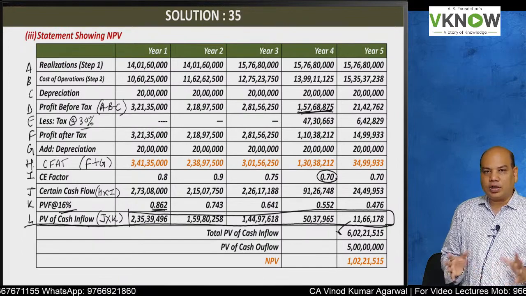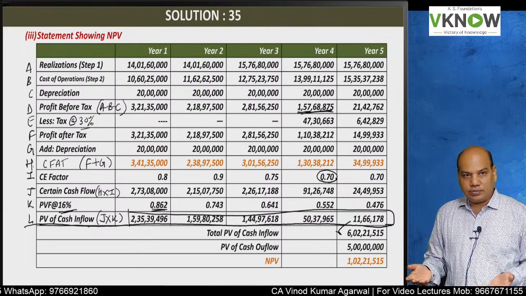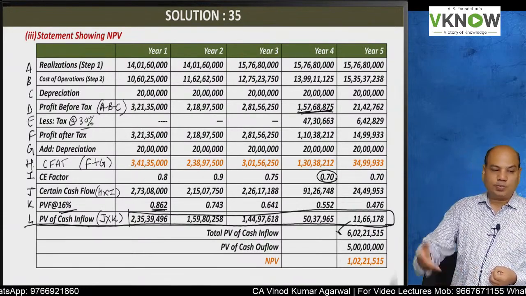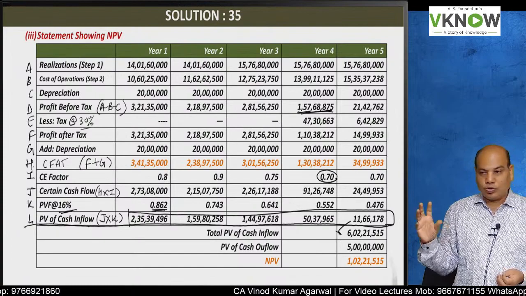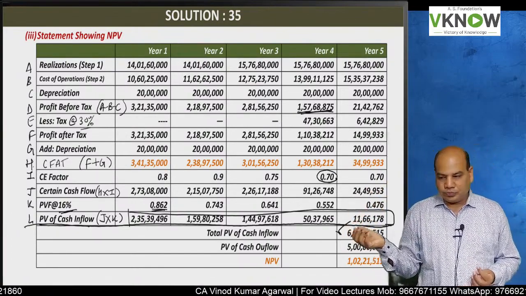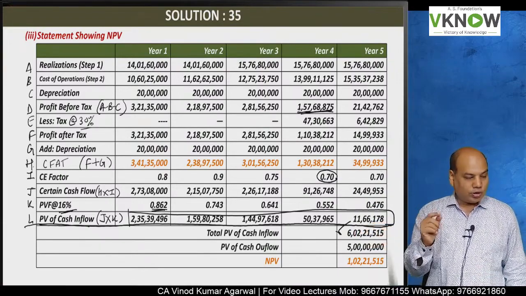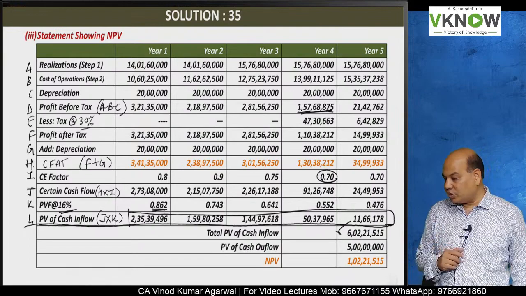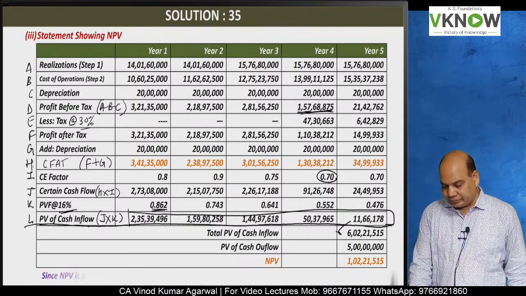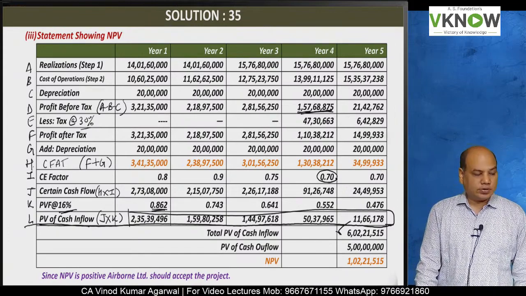So within the first 5 years only, the NPV is positive, and you can use the project for 25 years. So of course NPV will be much higher than this. So what is your conclusion? Should we purchase the aircraft? Write down advice.